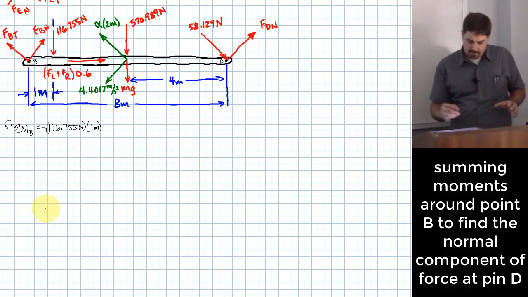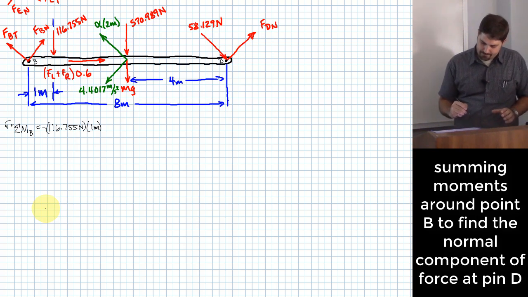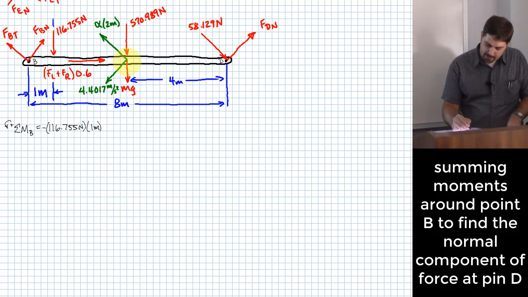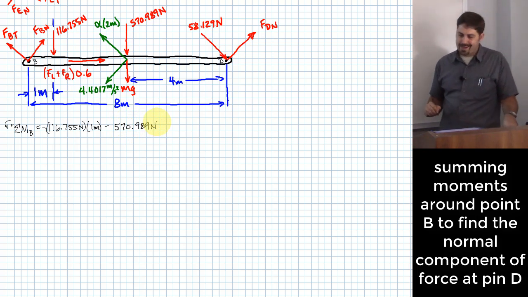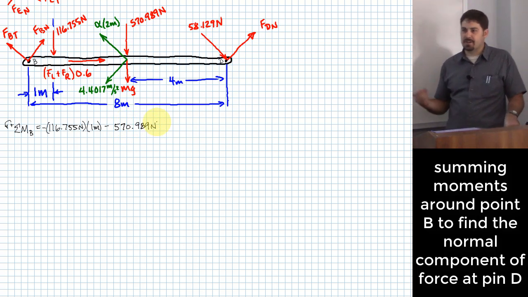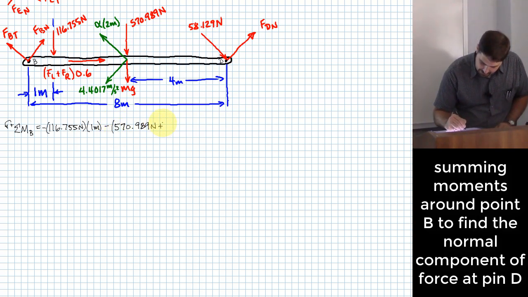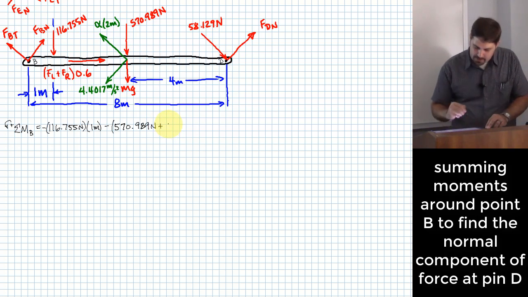All right, then what? Does my friction force create any kind of a moment around B? Nope. So I leave that one alone. Then I have a couple of forces that happen right at the middle of the beam. I have the FR, so that would be 570.989 newtons. Since they act in the same place and in the same direction, I can just add that on to my weight as well, right? I can just take this and add to it the mass. What's the mass of this beam?